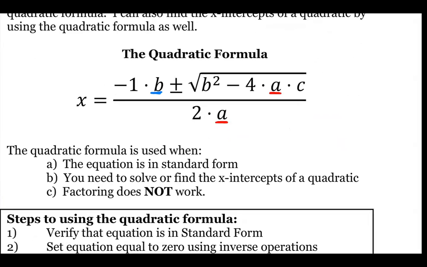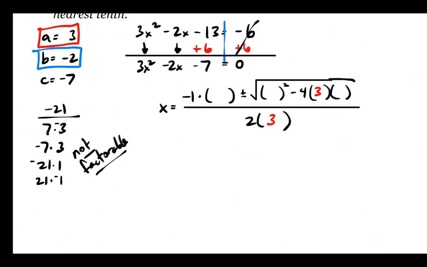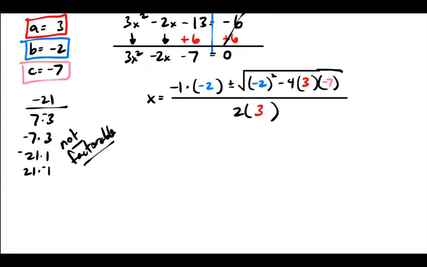There was a B here, and there was a B here, right? So I'm going to write a -2 in there. And then the last one is C. C goes in there.